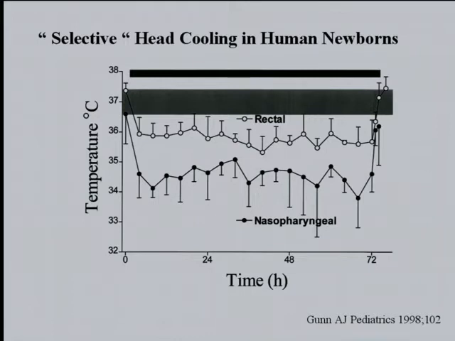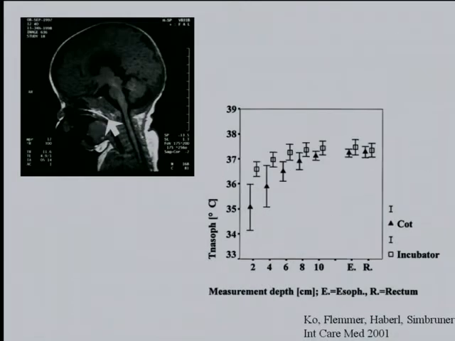Next slide shows you when we repeated this kind of procedure, pushing a thermistor probe from the alae nasi in steps 2, 4, 6, 8, 10 centimeters into the nasopharynx and measuring the temperature once in a group of babies lying in a cot in a cold environment, and in another group lying in an incubator in a warm environment, you can see the following.